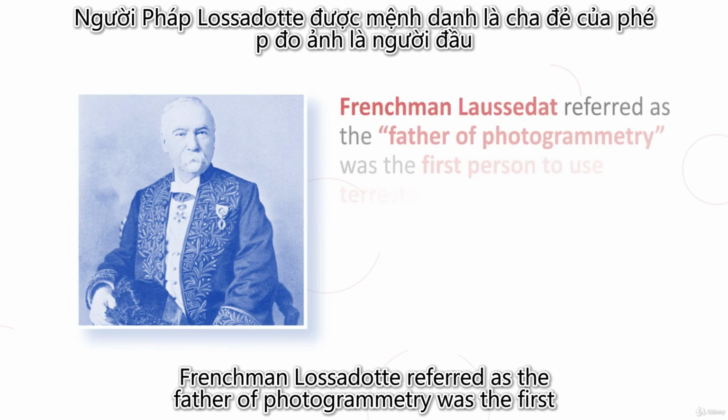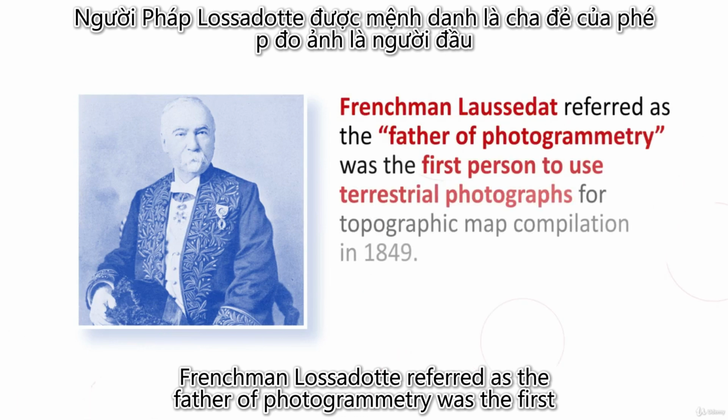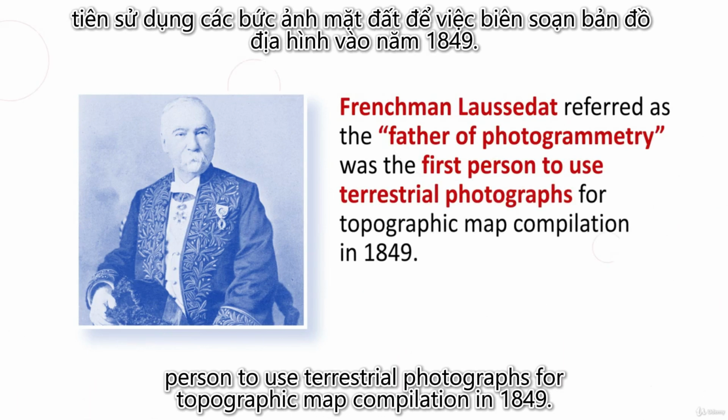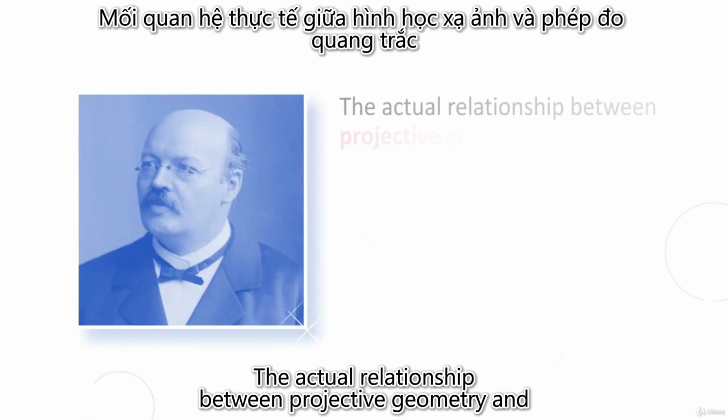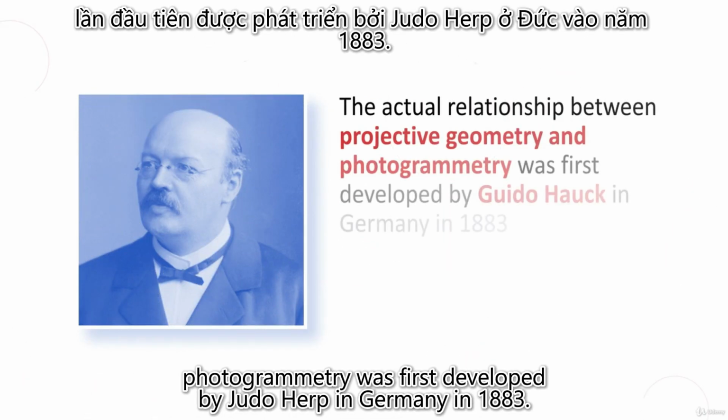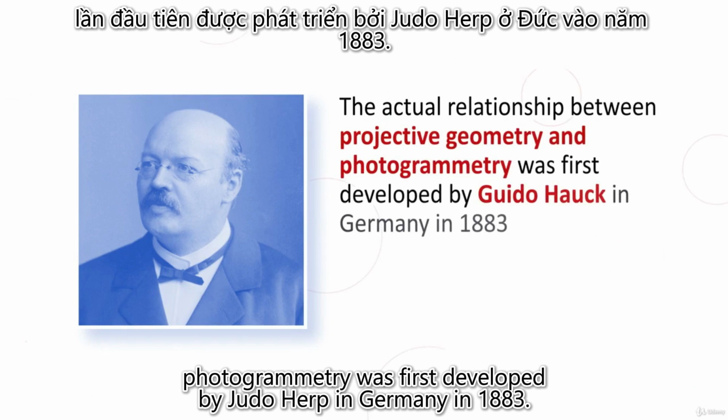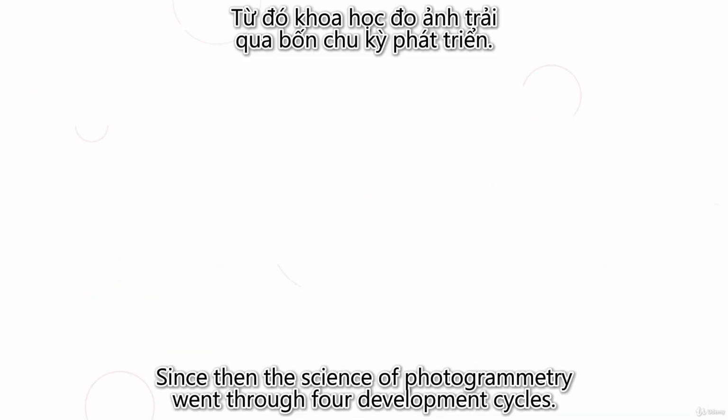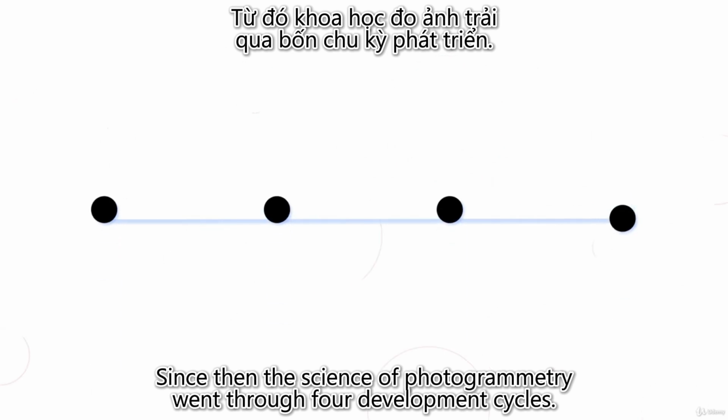Frenchman Laussedat, referred to as the father of photogrammetry, was the first person to use terrestrial photographs for topographic map compilation in 1849. The actual relationship between projective geometry and photogrammetry was first developed by Udo Haupt in Germany in 1883.